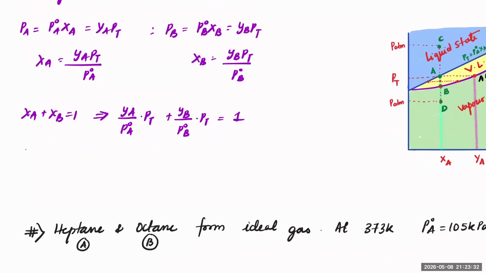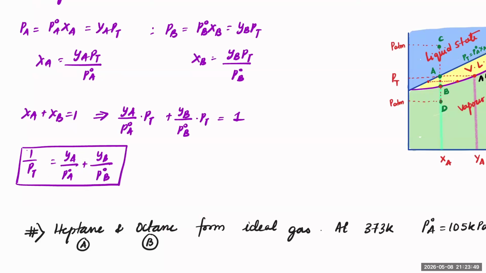So if I take that P total to the other side, I'll get this new equation. 1 by Pt is equal to YA by P naught A plus YB by P naught B. Correct? So this is another representation of total pressure equation in terms of mole fractions of the vapor state. These are the mole fractions of the vapor state.